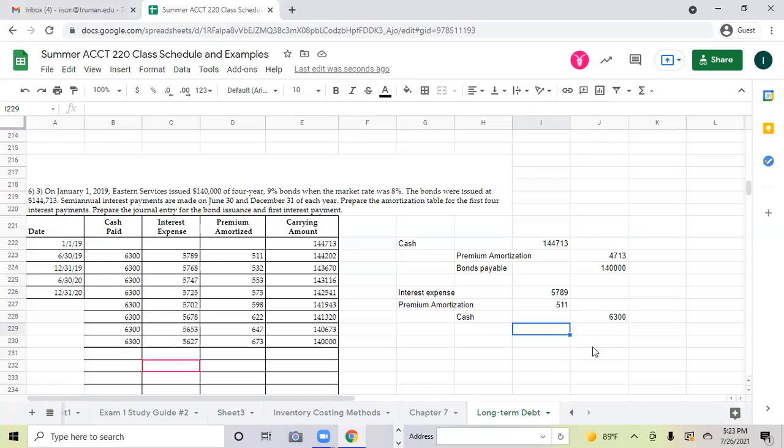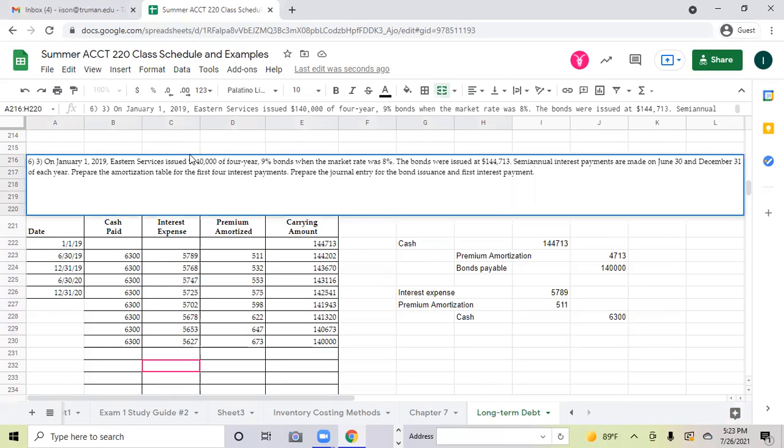Does the idea behind it make sense? It's kind of a goofy thing. The reason it exists this way is because initially bonds were all done on paper, right? So this $140,000 part and the 9% interest were written out on a piece of paper and you couldn't really go in and change it.